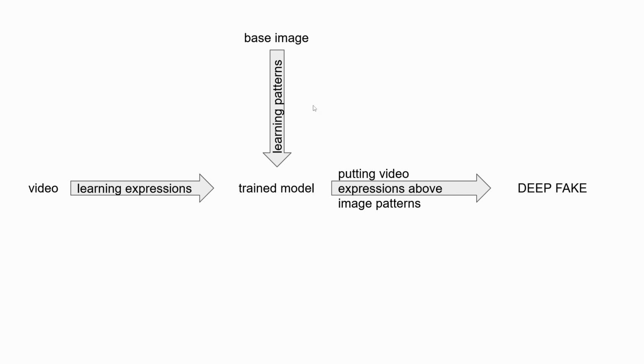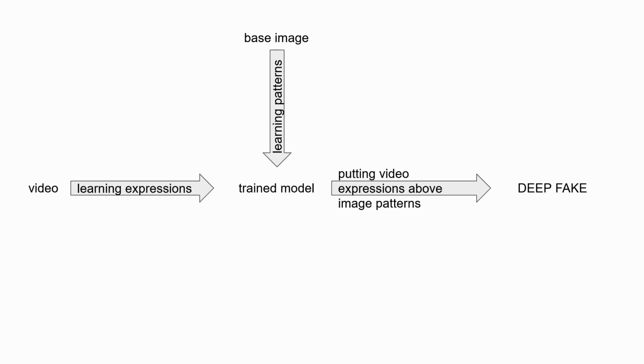So after the model has trained on all this stuff, it can put it together. It's merging all the expressions it learned from the video and the patterns it learned from the image. So it's trying now to put all the expressions from the video on the patterns of the image. As you could see in the beginning, the movements of the mouth, like she's talking, were learned from the video of DiCaprio and put on the image of Mona Lisa.